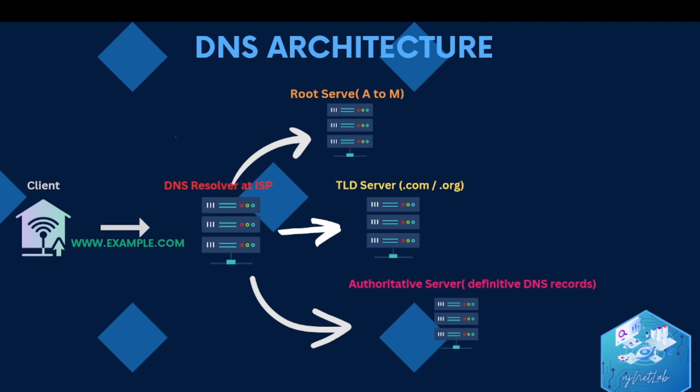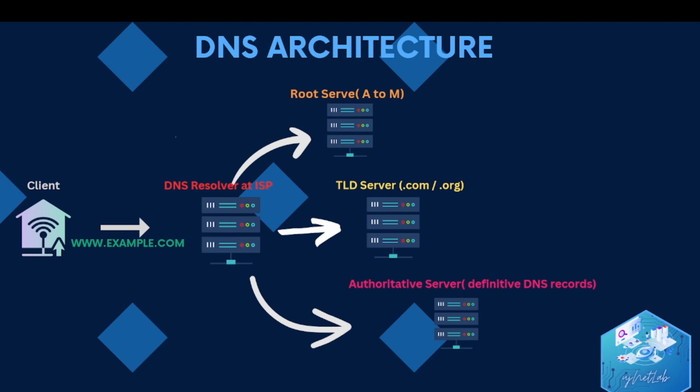Root servers are basically at the top of the hierarchy, and there are 13 in total in the world. They have the mapping of the other servers, which are the TLD servers. So for example, I type google.com, it will go to the root server, and the root server will say, oh, it is .com or .org or .net.